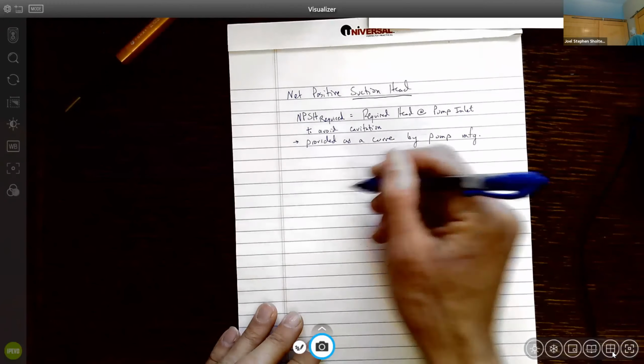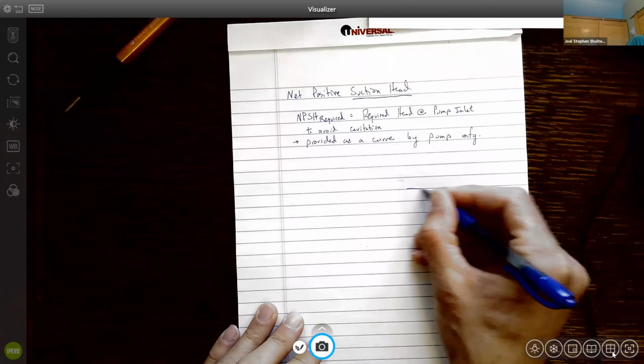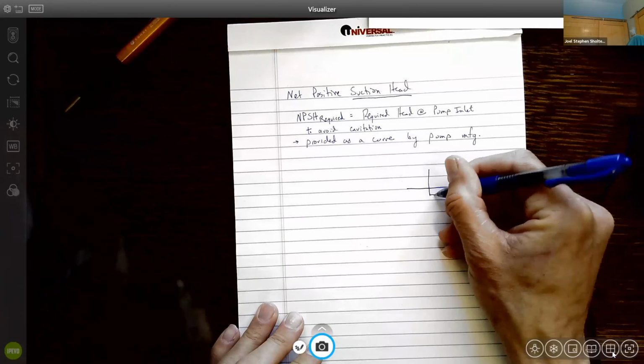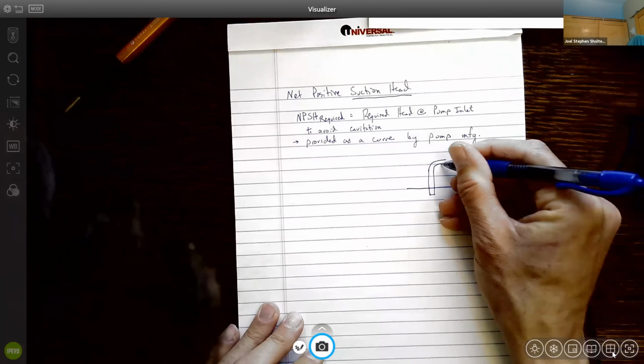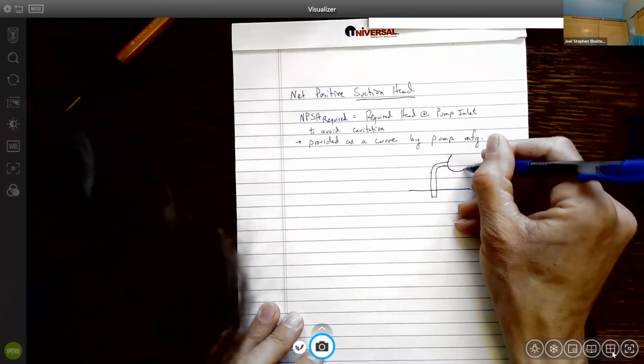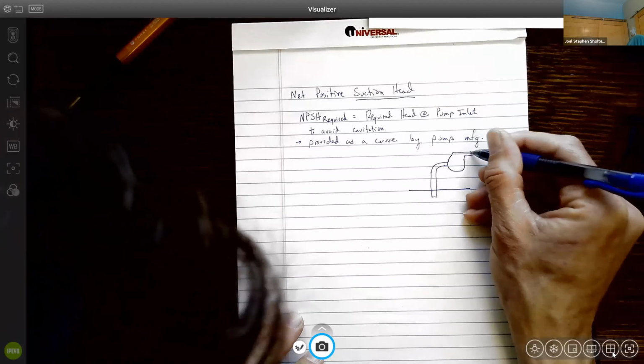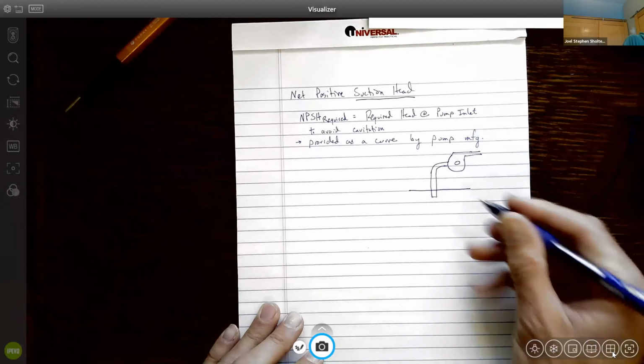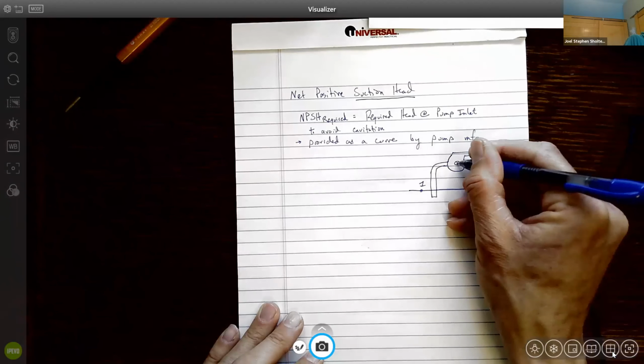I'll just do a quick tiny drawing of our pump here. We start at 1 here, and then 2 is at the inlet.